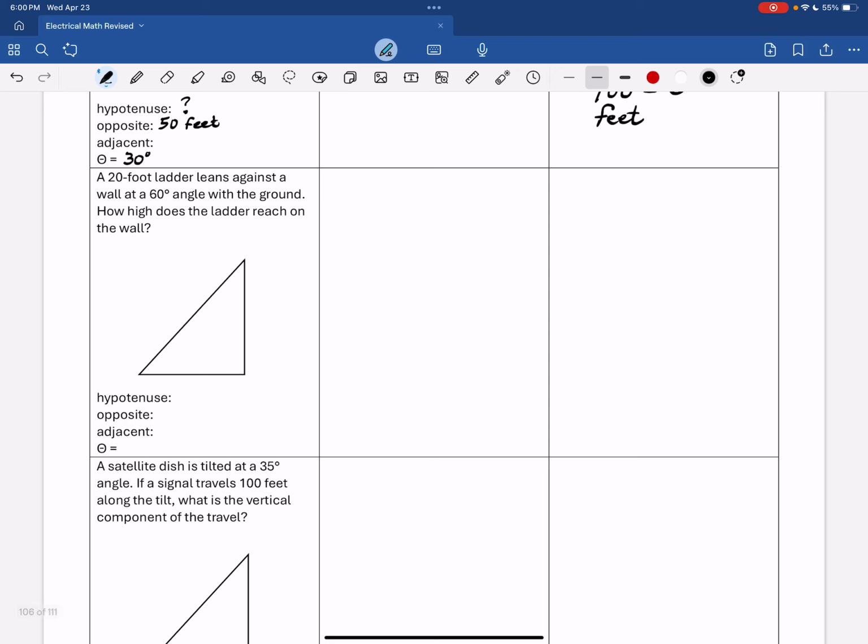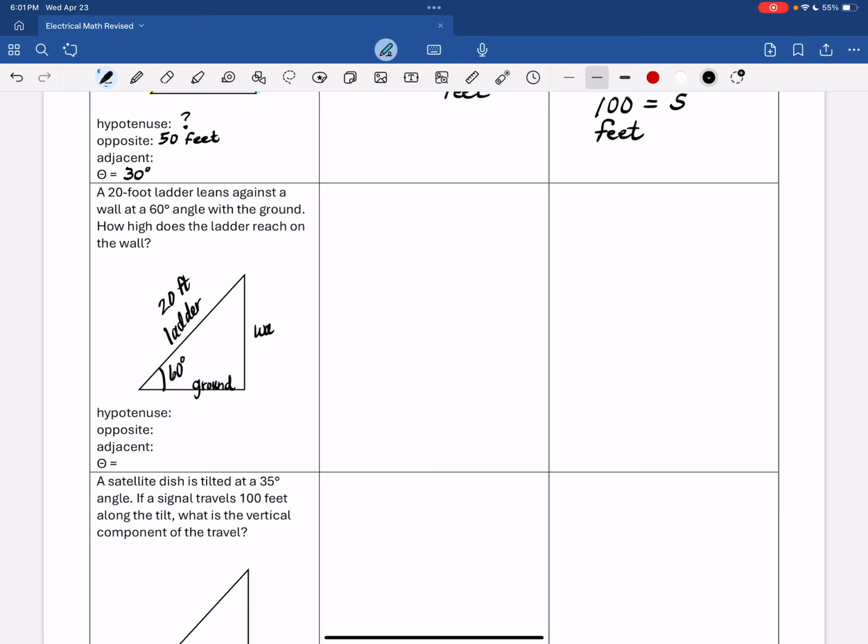A 20-foot ladder leans against a wall at a 60-degree angle with the ground. How high does the ladder reach on the wall?